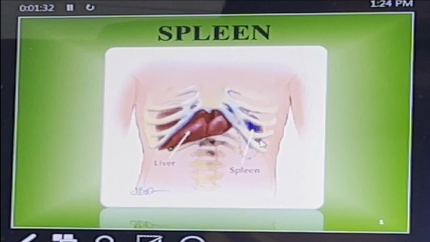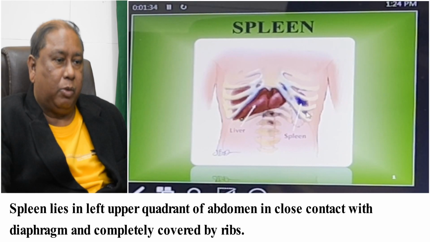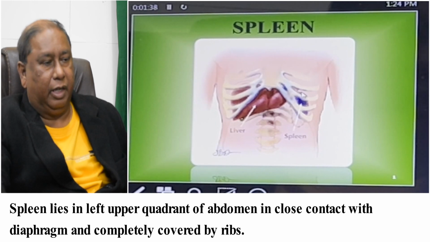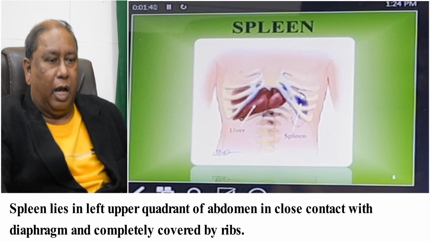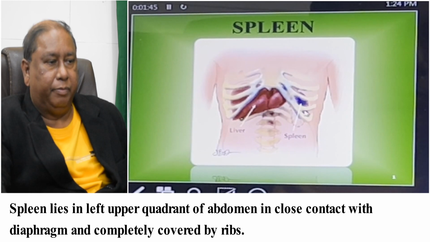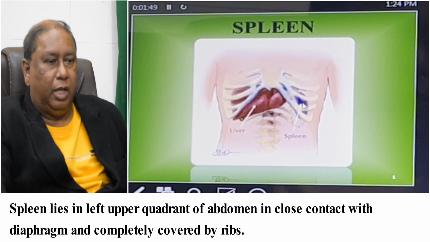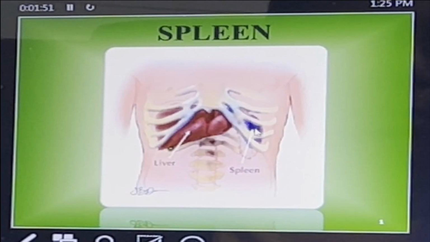The spleen lies in left upper quadrant of the abdomen, here it lies, and close contact with the diaphragm. See, here is the diaphragm and it is in the close contact and completely covered by the ribs. See the ribs overlying the spleen, and here is the spleen.